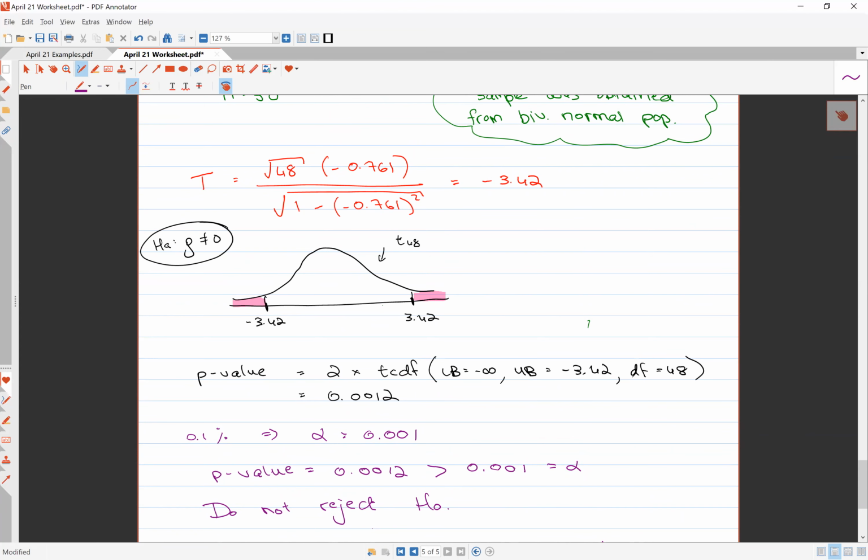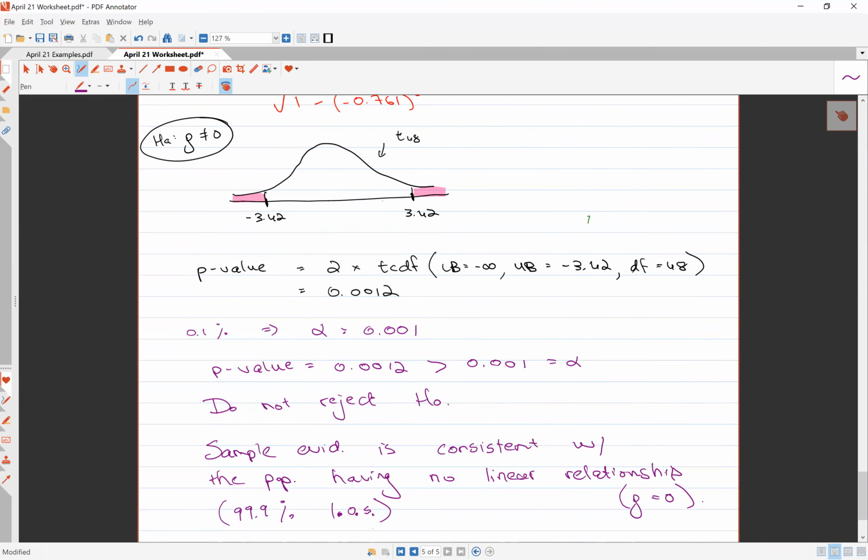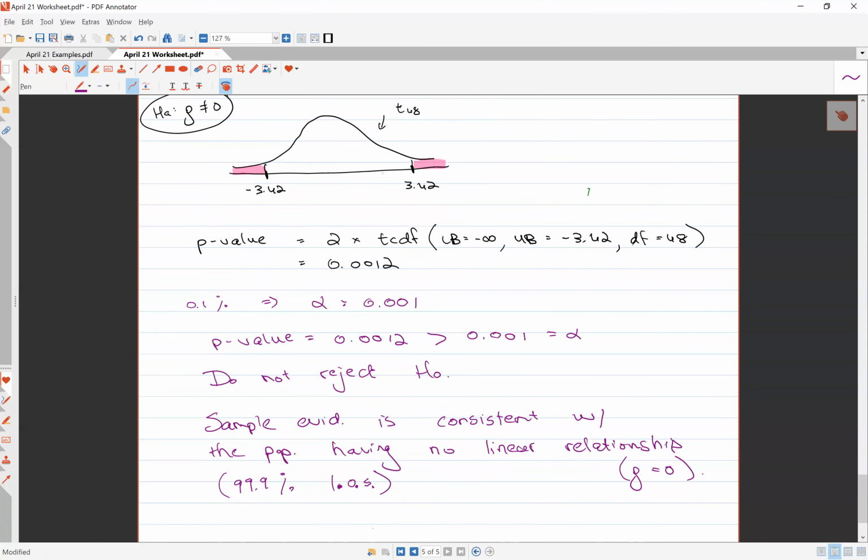And so if you're worried about making a type 2 error, not rejecting when you should be rejecting the null hypothesis, you can always advocate for going back to the drawing board and collecting some extra data. That's always an option in any situation.